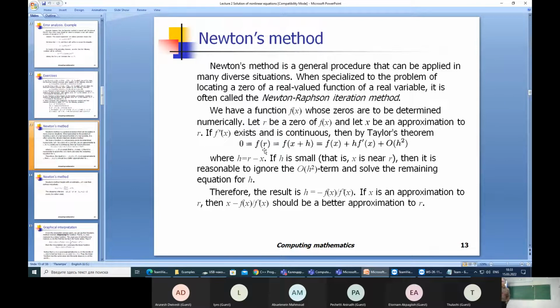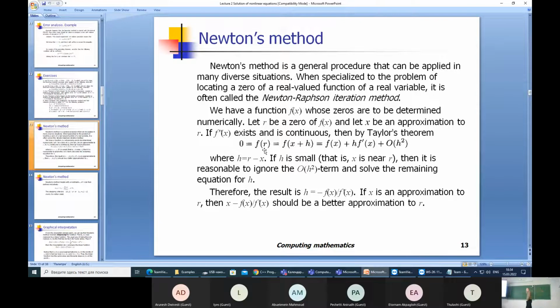You should multiply powers. H squared is 10 power minus 4. What can you say about h cubed? Minus 6. You should multiply powers. H cubed equals 10 power minus 6.